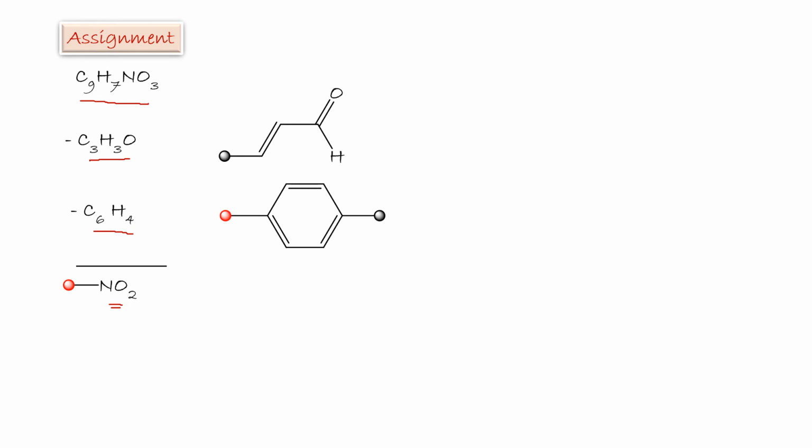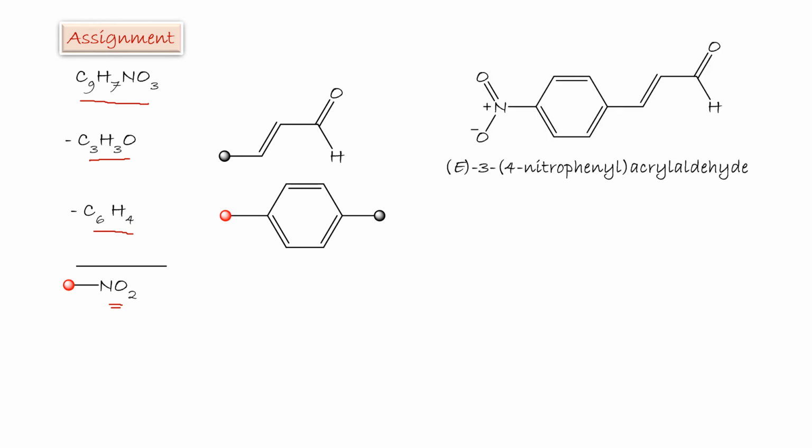Put them together will give us E-3,4 nitrophenyl. This compound has one double bond C=O, that's one unsaturation, a double bond here 2, and as we mentioned here we have 4 unsaturation that makes 6, and one more double bond here makes 7 of unsaturation.